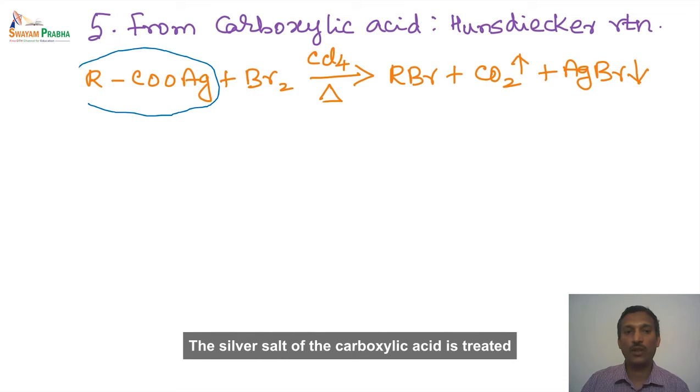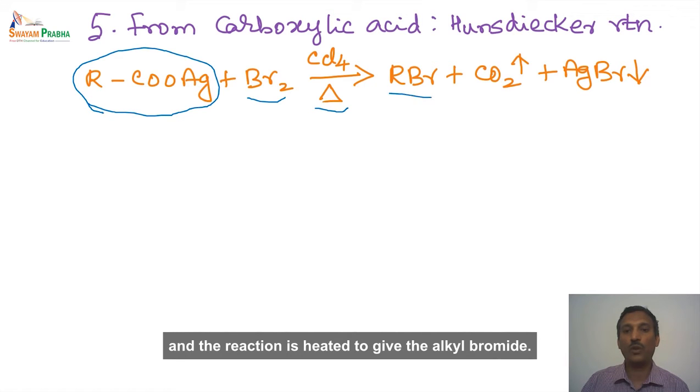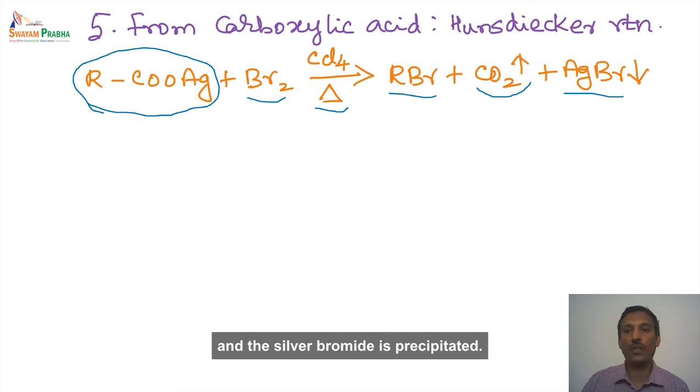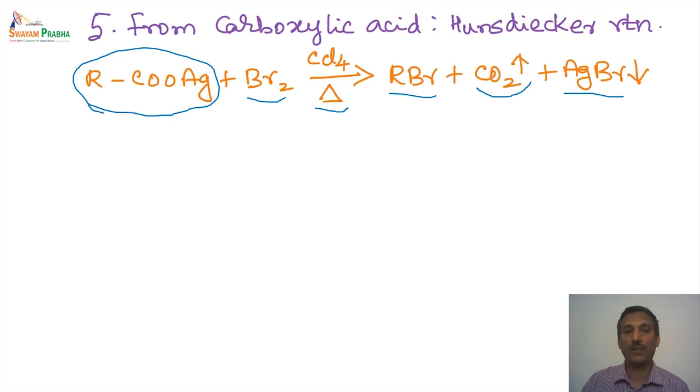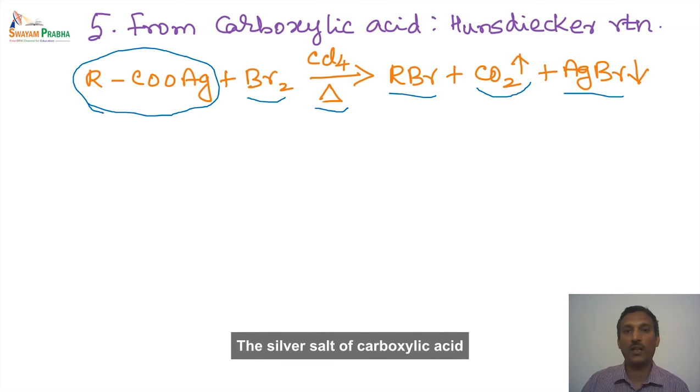The silver salt of the carboxylic acid is treated with bromine in a solvent, here carbon tetrachloride, and the reaction is heated to give the alkyl bromide. Carbon dioxide is liberated and silver bromide is precipitated. So this is the overall reaction. The silver salt of a carboxylic acid is converted into an alkyl bromide in a single step.